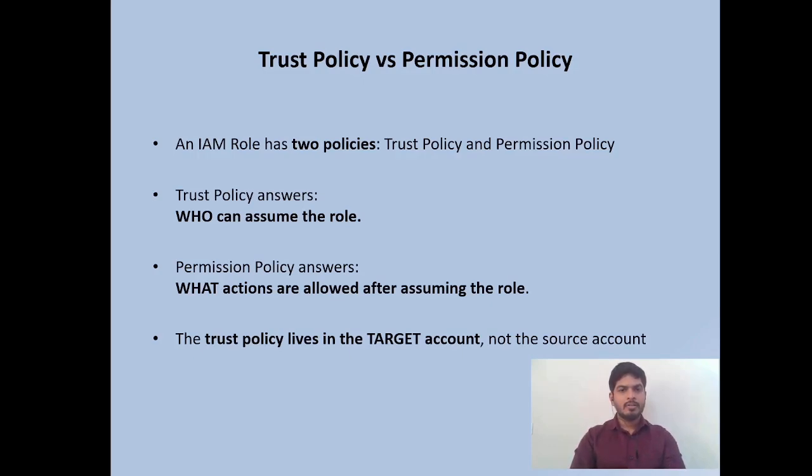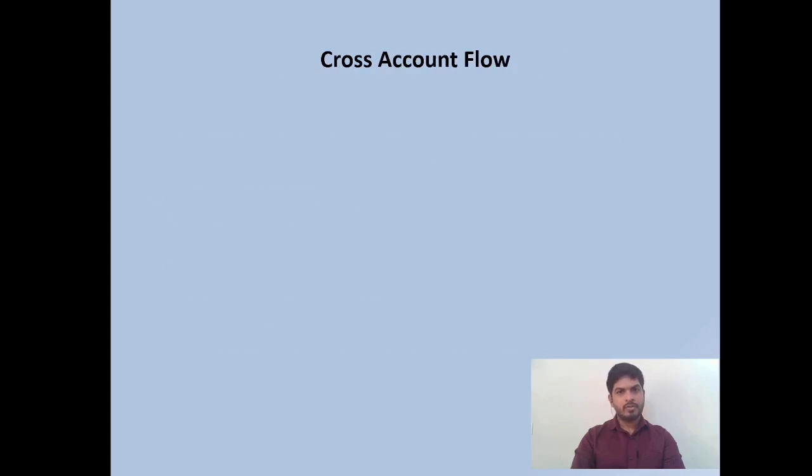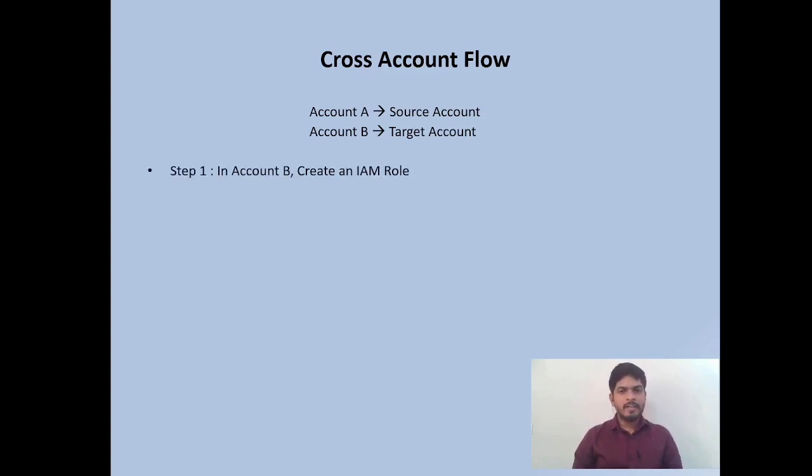Now, let's understand the complete cross account flow. Consider we have two accounts, account A, the source account, and account B, the target account. Now, how the complete cross account flow works. In account B, we create an IAM role. In the role's trust policy, we allow account A to assume this particular role.